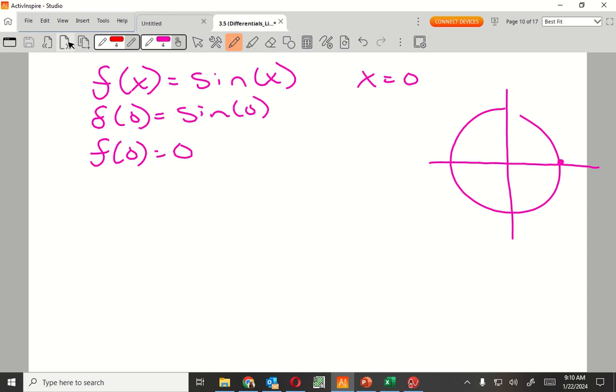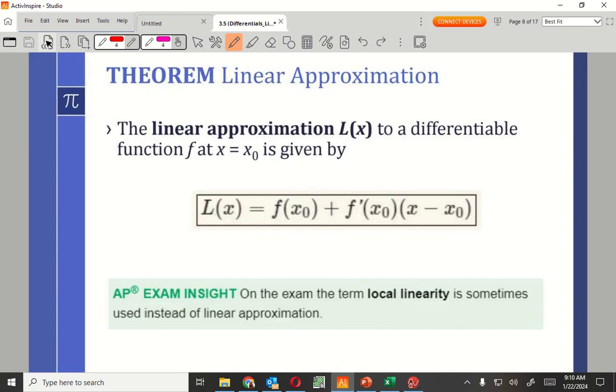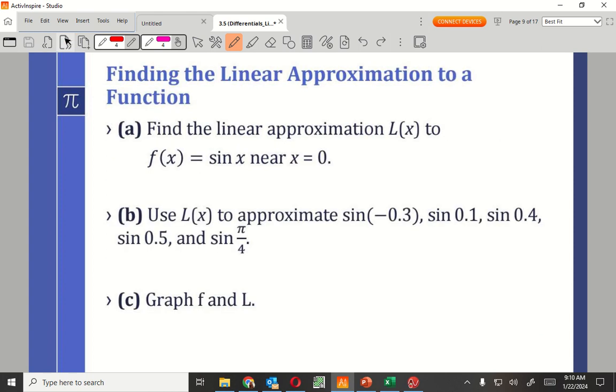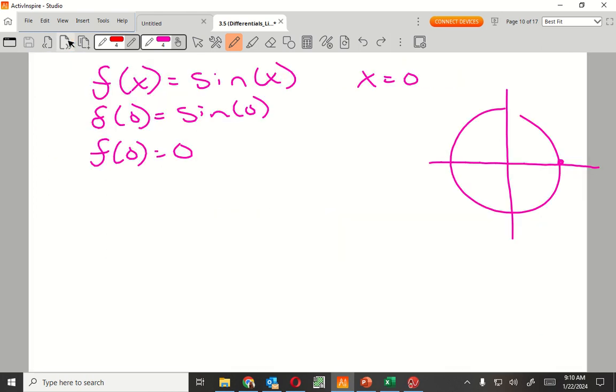Okay, so this one right here is going to be 0. All right. Let's go back up to the formula again. Plus f prime at 0. So now we have to find f prime. What's the derivative of sine? Cosine. Cosine x.